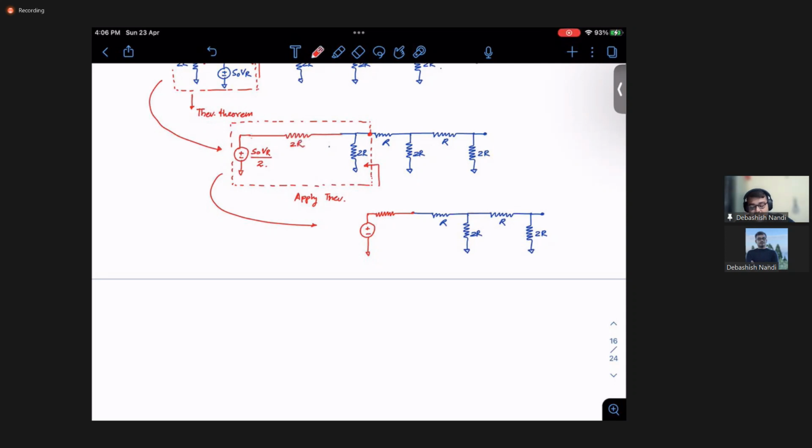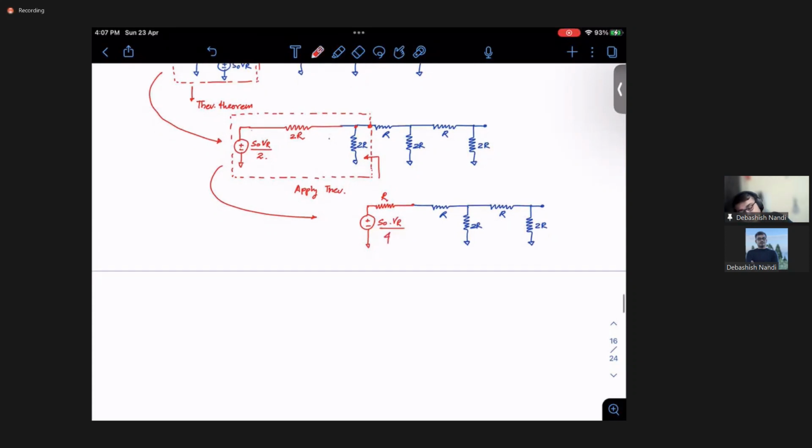Same stuff, this will be grounded. So from this node, this 2R will be in parallel. So this will be your R and this voltage will be S0 VR by 2 divided by 2, that is nothing but S0 VR by 4.